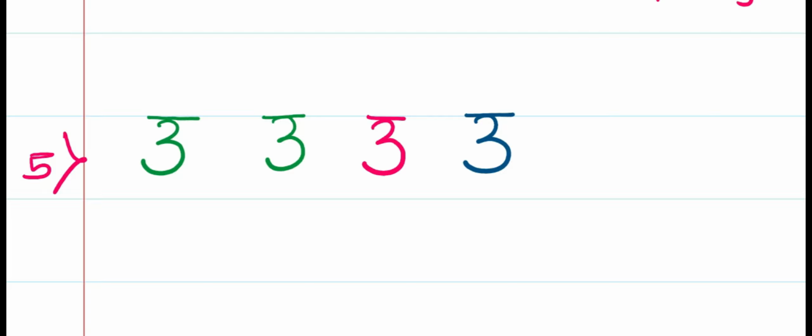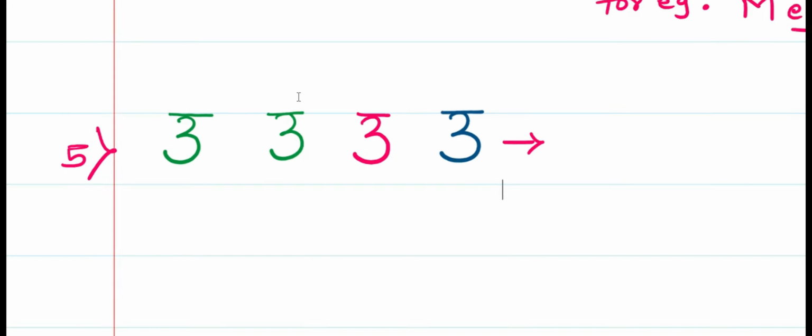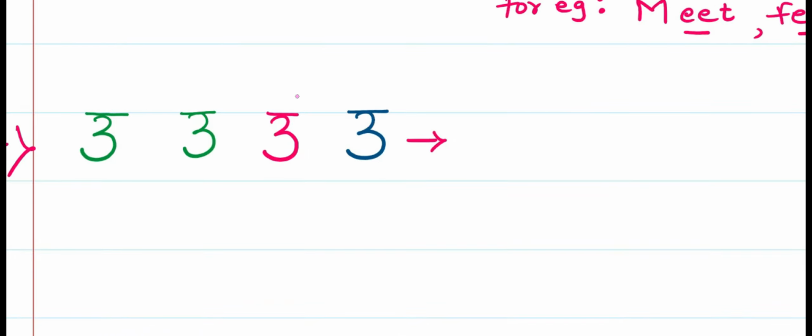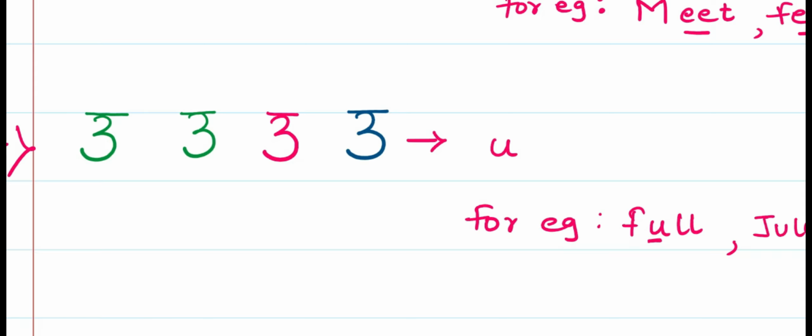Okay, let's learn how to pronounce the letter. This is called U. For example, full, June, July.